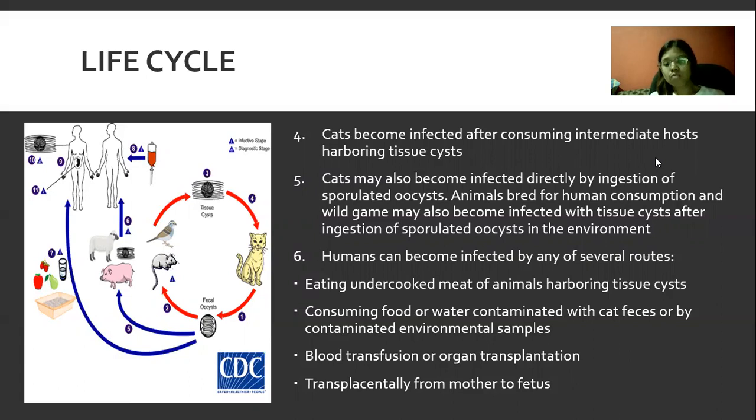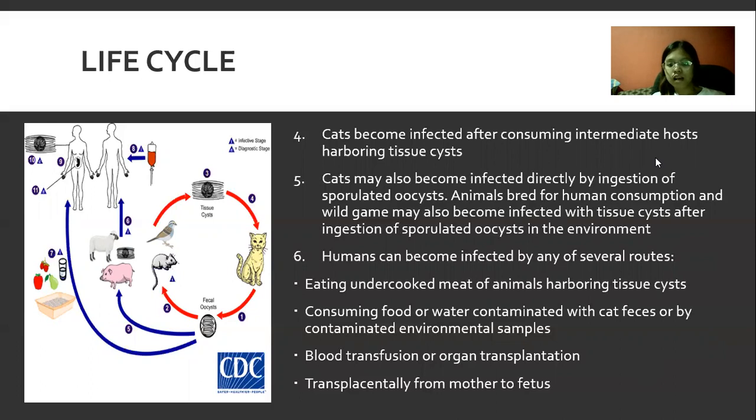So the cats may also become infected directly by ingestion of sporulated oocysts. Animals bred for human consumption and wild game may also become infected with tissue cysts after ingestion of sporulated oocysts in the environment. So humans can become infected by any of several routes.